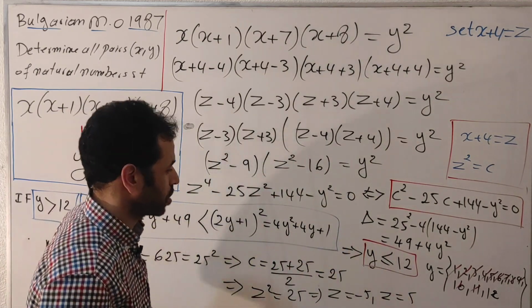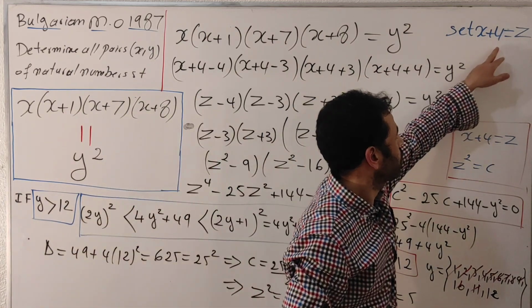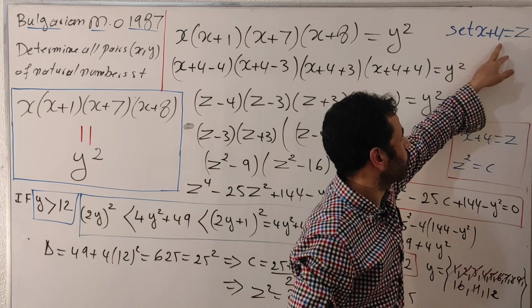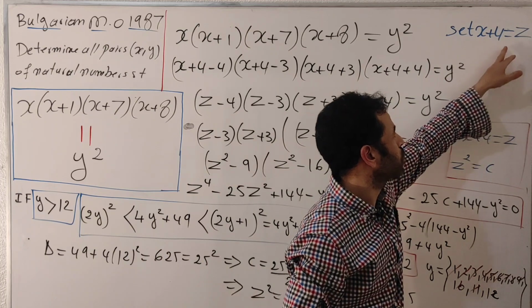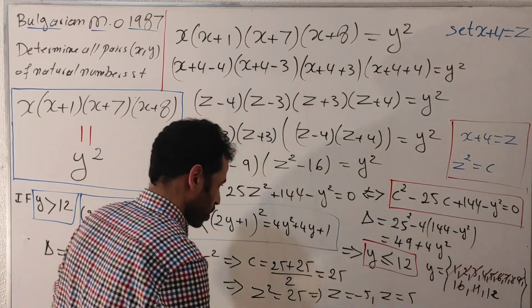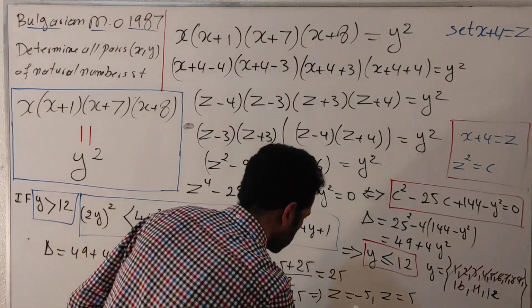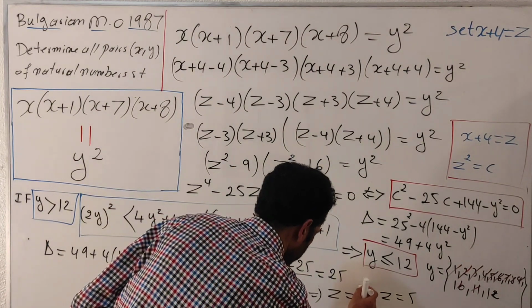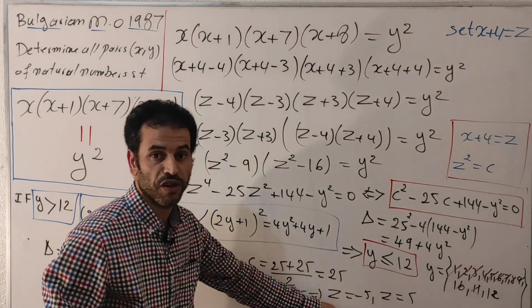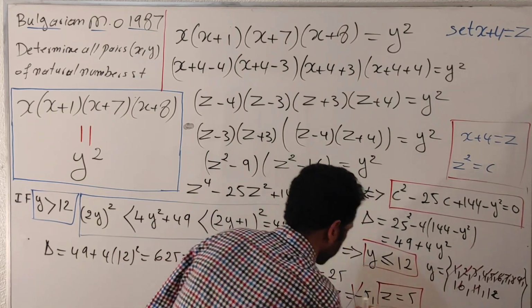Z equals minus 5 doesn't work because I will have minus 5 here. By moving 4 to the right, I will get minus 9, which is not a solution because we have natural numbers. So Z equals minus 5 is ruled out. That means Z equals minus 5 is not a solution. So I'm going to keep only Z equals 5.